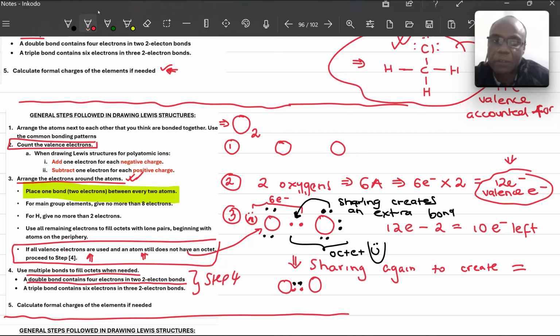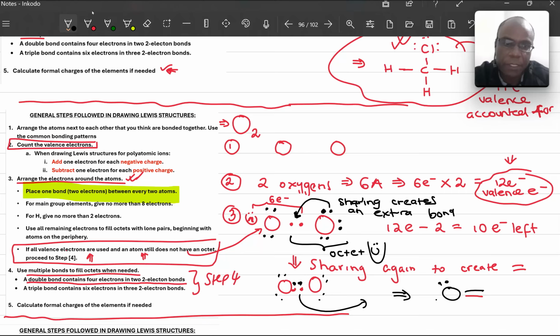Now remember how we said that every 2 electrons shared is a bond. So that there is a double bond. So if I'm to draw the bond now, there will be the black one from the 2 dots, the red one for the 2 dots, and then you still have the non-bonding electrons.